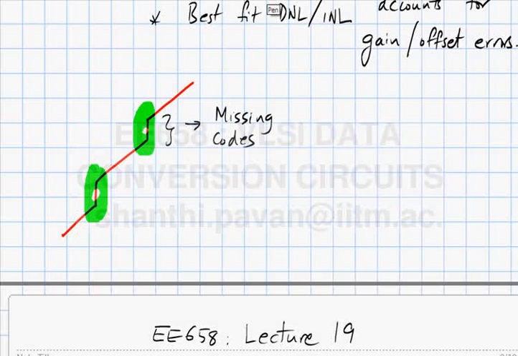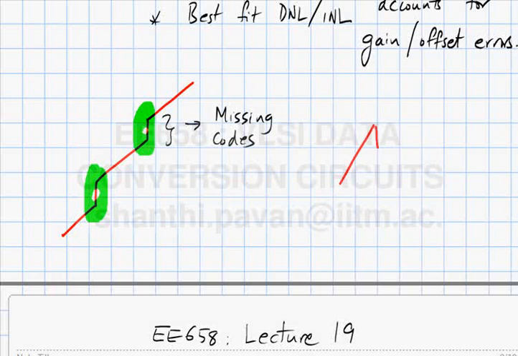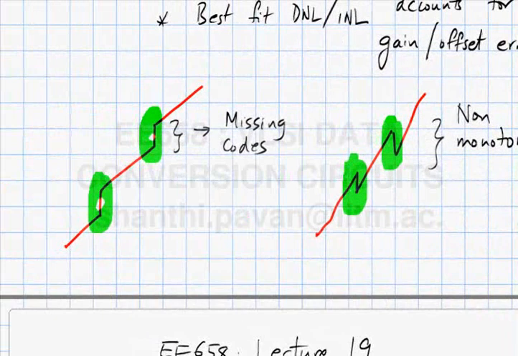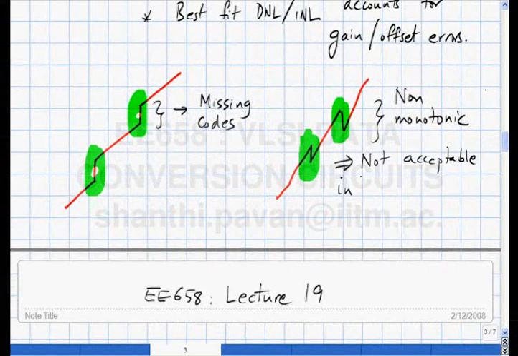The other kind of thing that could happen is this guy here. What is this? This is non-monotonicity, and this is also completely unacceptable in most applications, especially wherever you have a negative feedback loop.